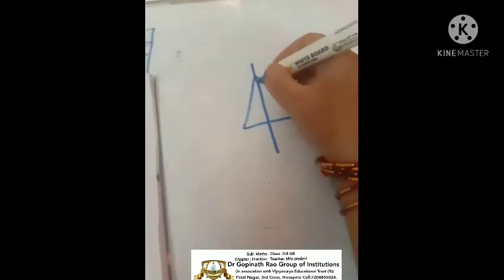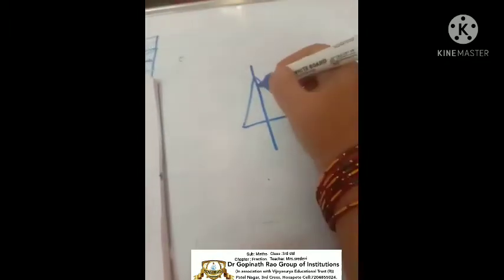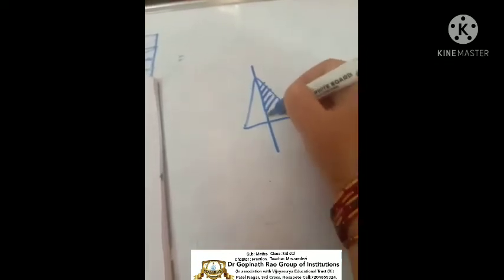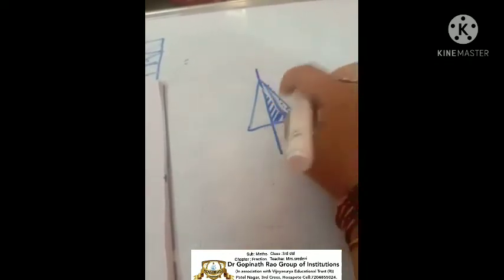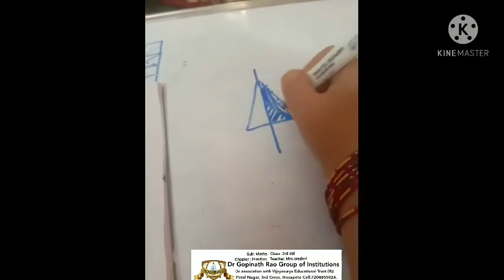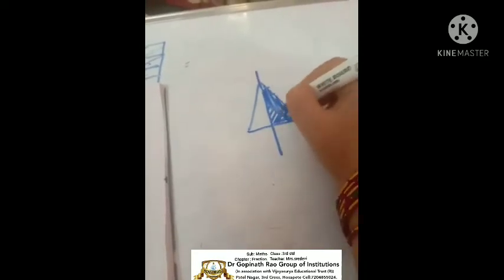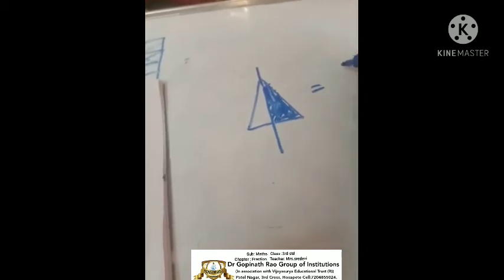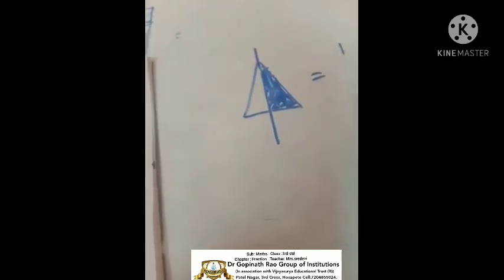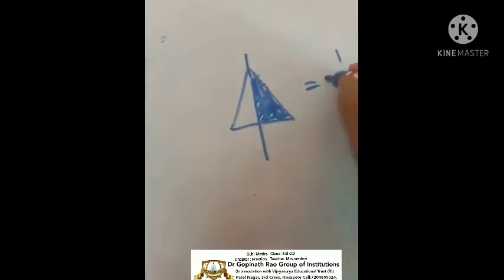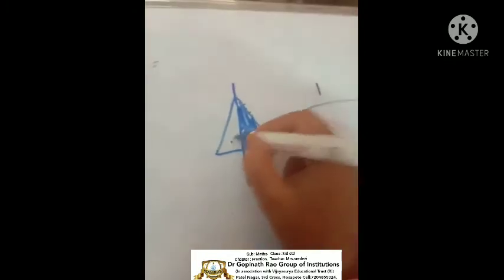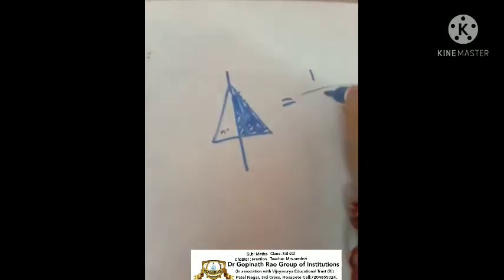One of the parts will be shaded. Then how will you write? The number of shaded portions is 1, and the number of parts is 1, 2. Number of parts is 2.